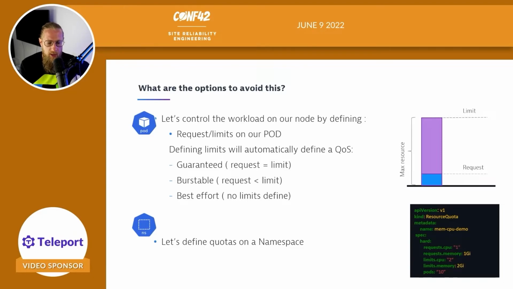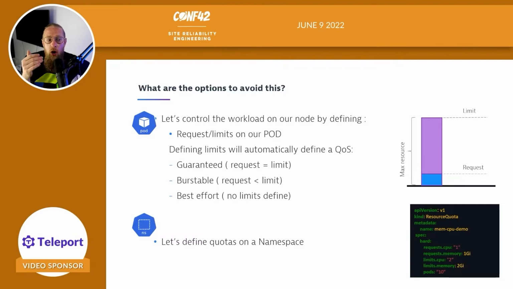So how can we do that? Well, for that, there is the recommended Kubernetes approach. So first, eviction works by quality of service. So we need to define requests and limits in our pod. By doing this, Kubernetes will basically determine a specific quality of service related to our requests and limits.